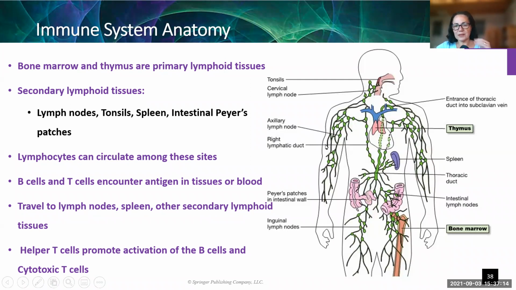This is how I think about the intestinal Peyer's patches. Another analogy: at the borders between the US and Canada and the US and Mexico, there's border patrol, right? There are border patrol agents and customs officials.